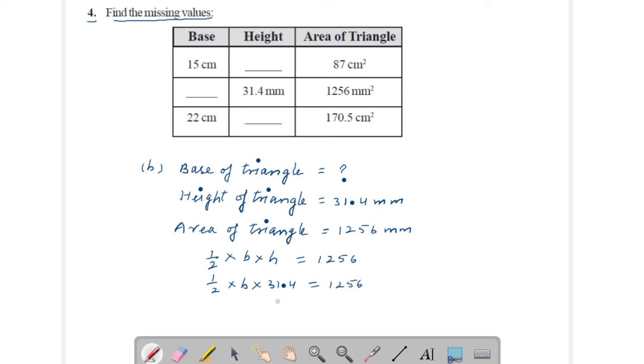Therefore B, it is equivalent to 1256 into 2 upon 31.4 millimeter.